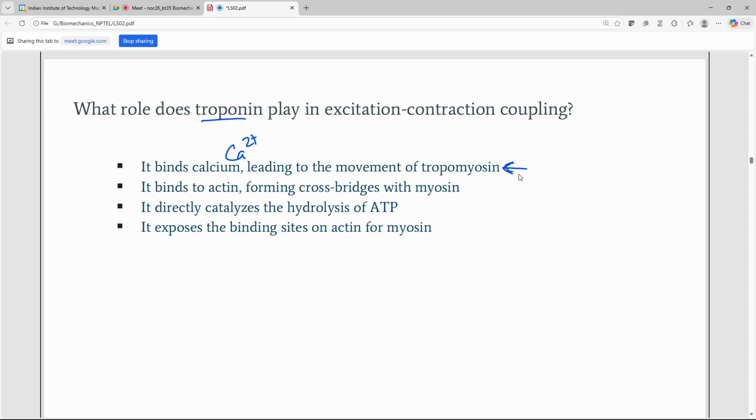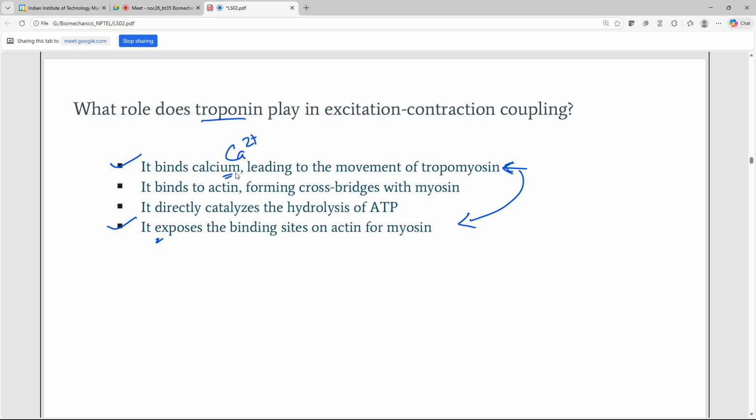But in effect, what is happening? It exposes the binding sites on actin for myosin. So both the first one and the last one are roles of troponin, because the first is the direct job it is doing, and the last is the result of this function.